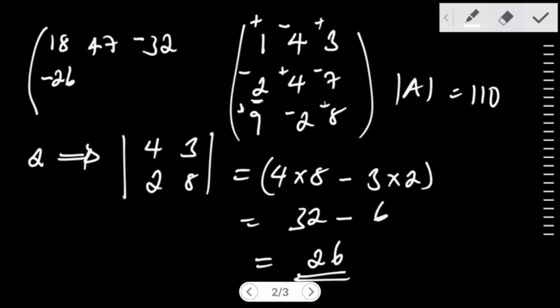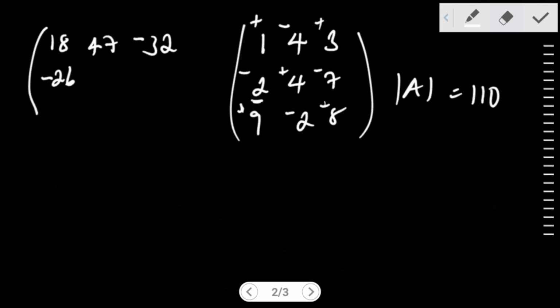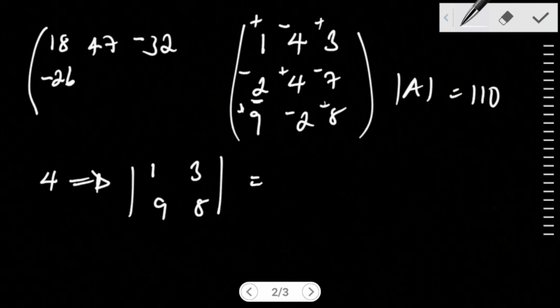And now let's get the cofactor of 4. For this 4, we get the cofactor by saying that if you have 4, it means you're remaining with 1, 3, 9, and 8. Out of that, we're going to have 8 times 1 minus 9 times 3.